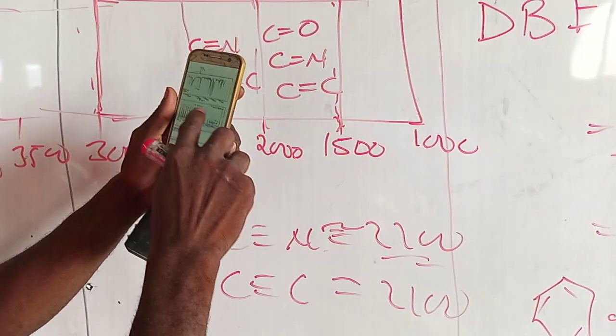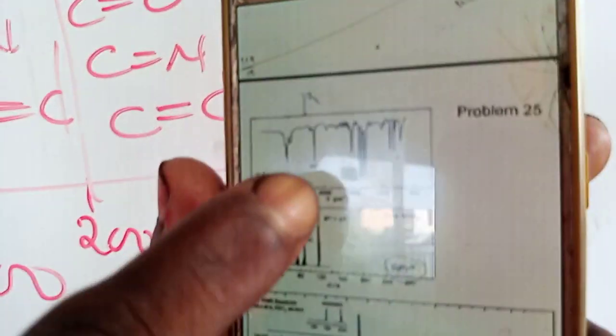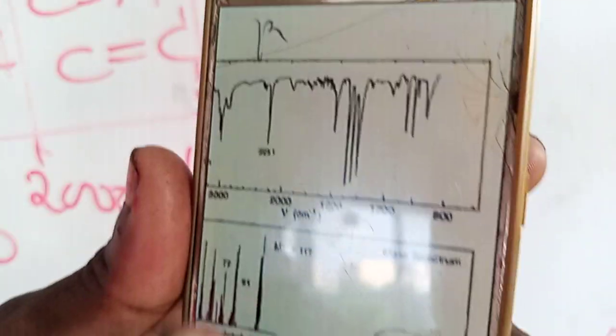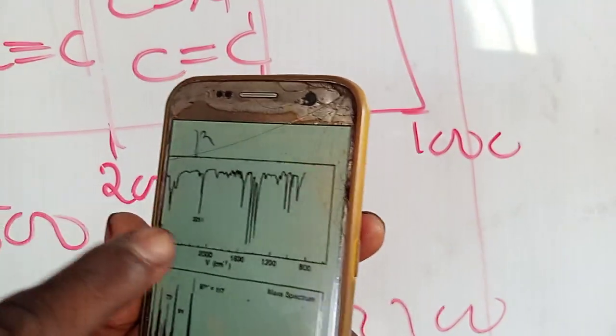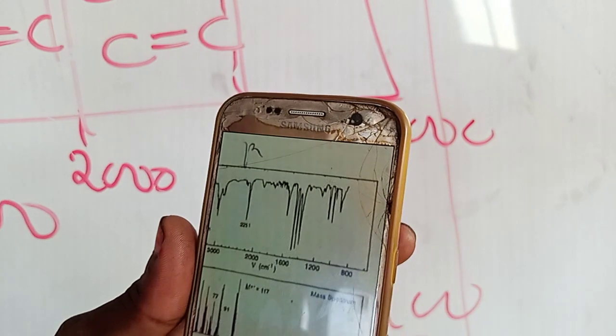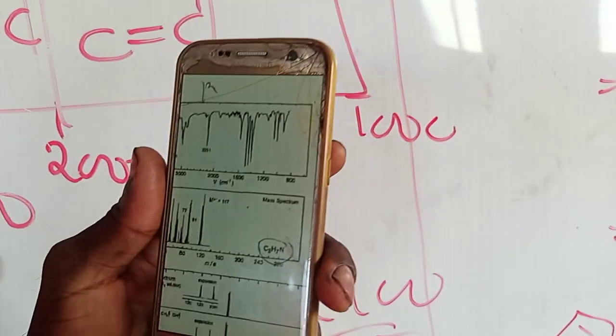Looking at the IR spectra, as you can see, there is a stretch, and what I can see here is 2,250 at the triple bond region. Remember, we said the triple bond region is between 2,000 to 2,500, and 2,250 is within this range, which means that there's a triple bond.